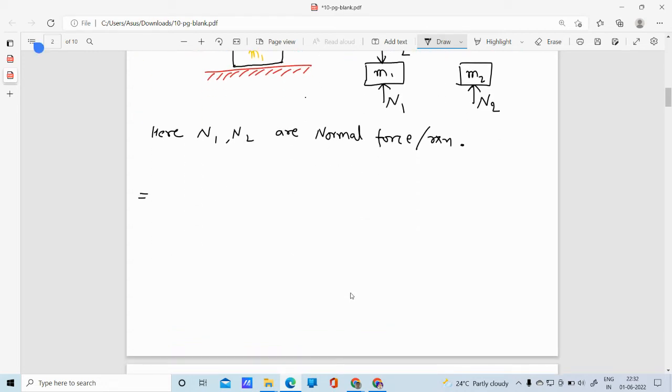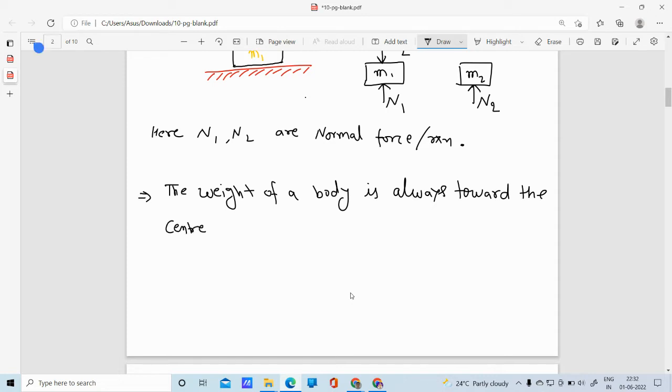And the important thing is that the weight of a body or a system is always toward the center of the earth.